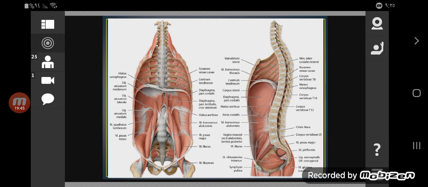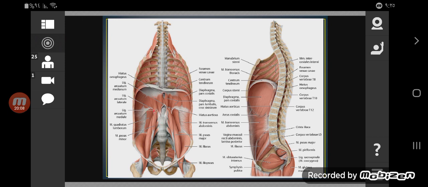Okay, what are the features of the lumbar attachment? You can see the lumbar attachment consists of two tendinous arches and a crus on each side.